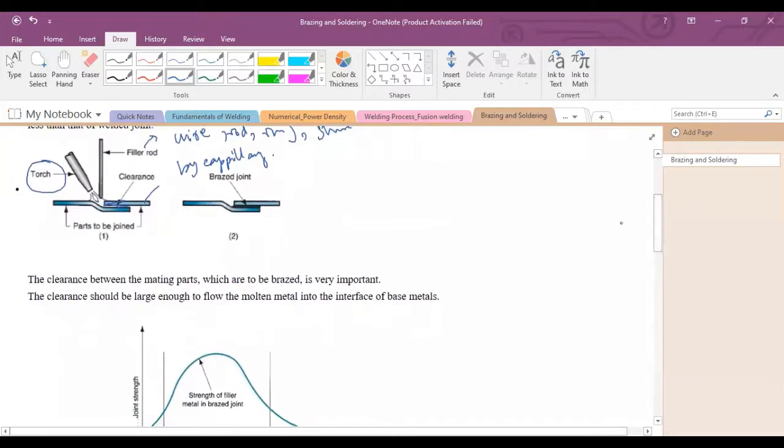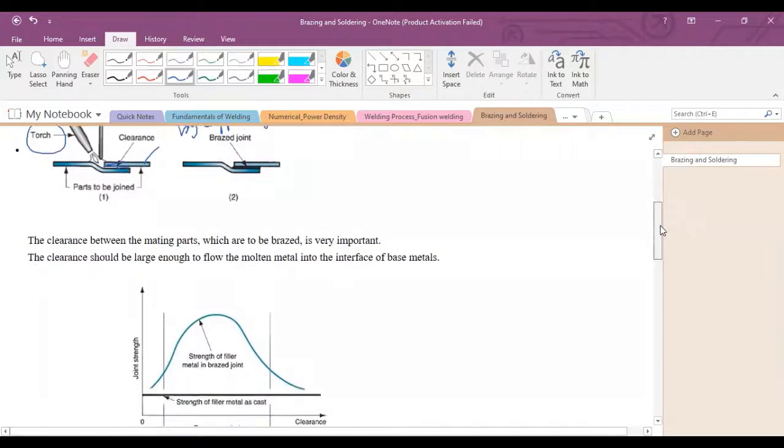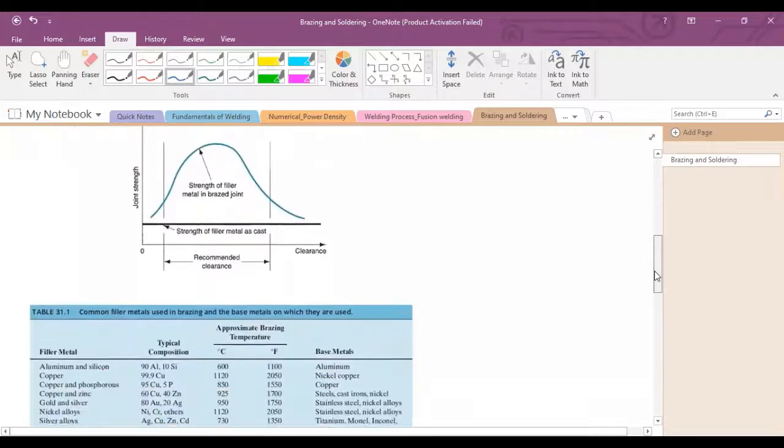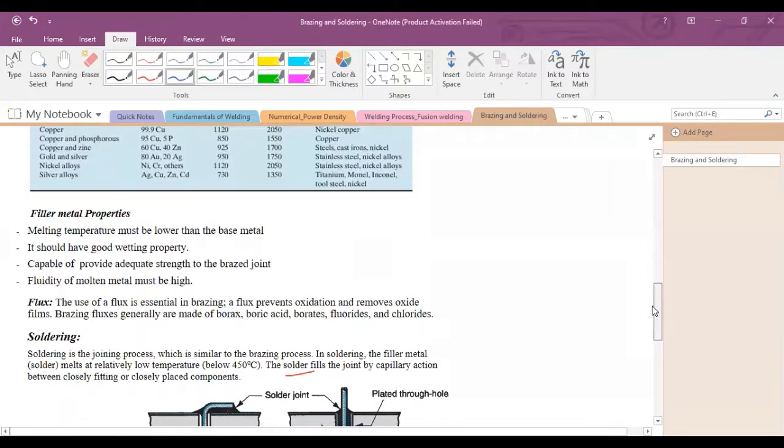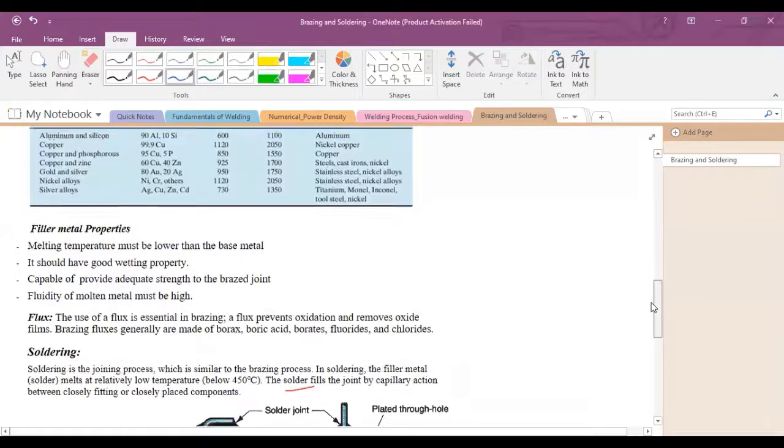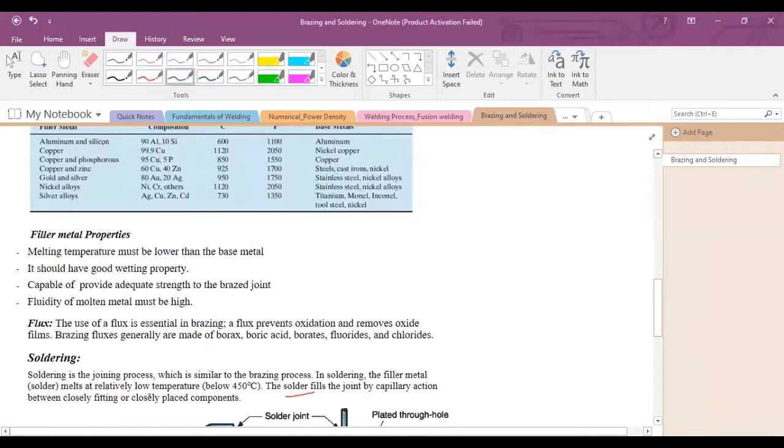In the brazing process, flux is used as well. This flux is used to prevent the surface from oxides, or to remove the oxide from the surface, and it is used to clean the welding surfaces.